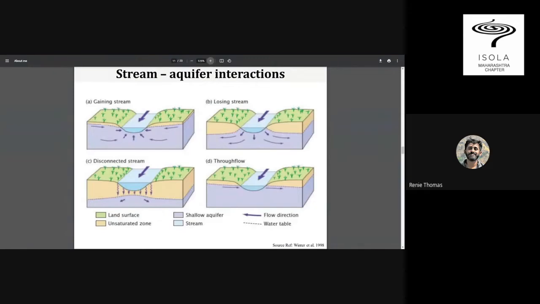While studying the streams as we move down the slope, certain side banks or riparian zones, or the rocks on the banks of the river or the stream, are also a kind of aquifer, which sometimes during summer feed water into the stream, rather than us seeing dry riverbeds.